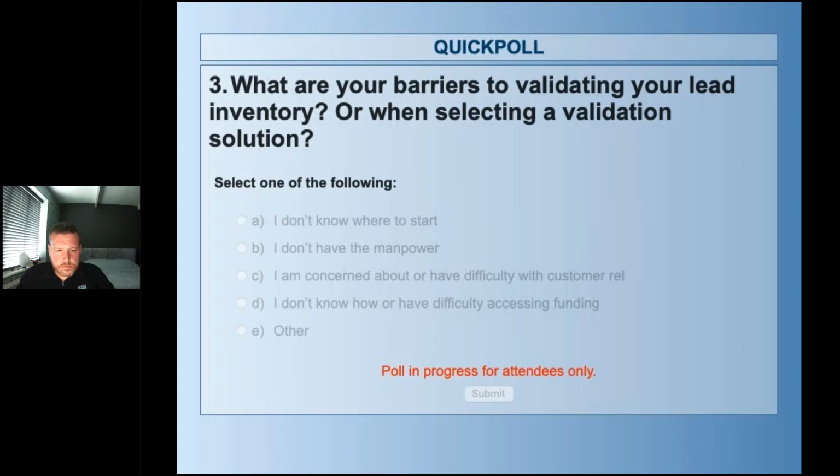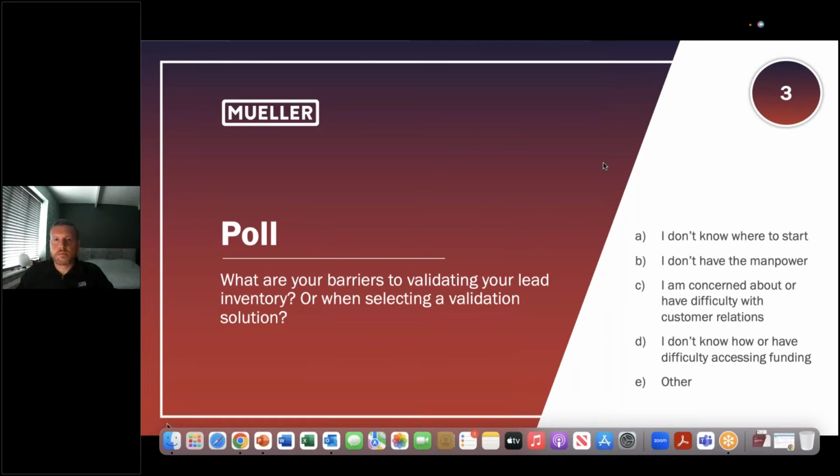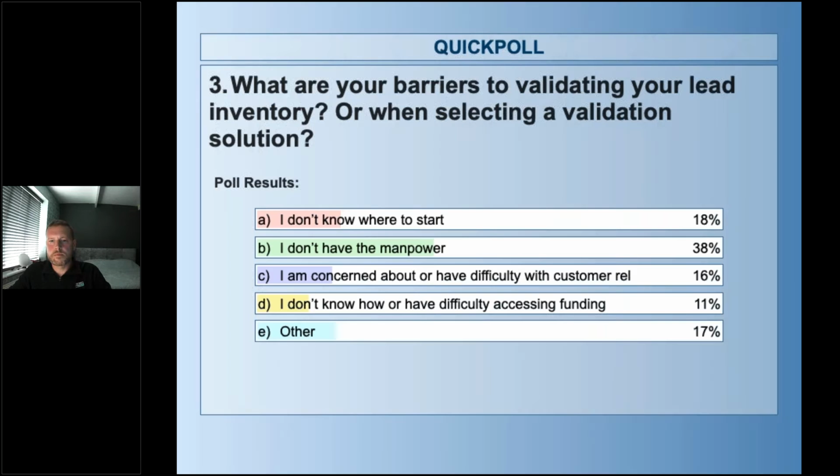So we'll give you a few more beats, as always, to get that answer in. And these are our answers. So 18% of the audience is I don't know where to start for what barriers to validating your lead inventory or when selecting a validation solution. 38% don't have the manpower. 16% answered I am concerned about or have difficulty with customer rel, or REL.